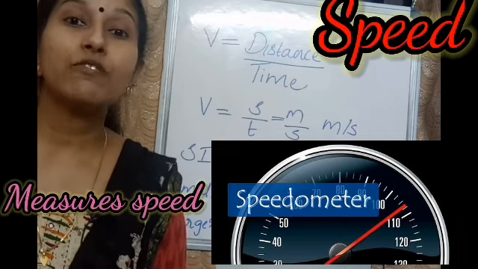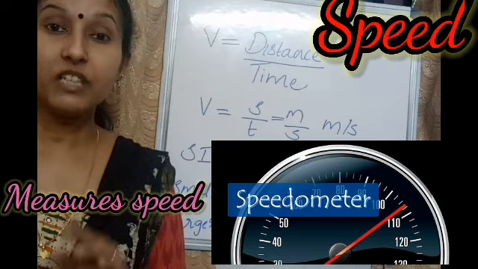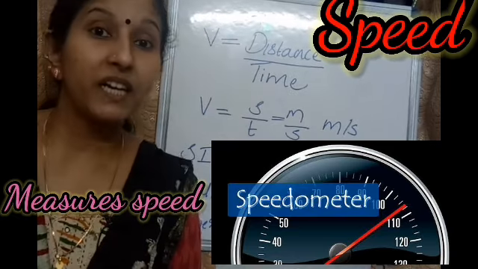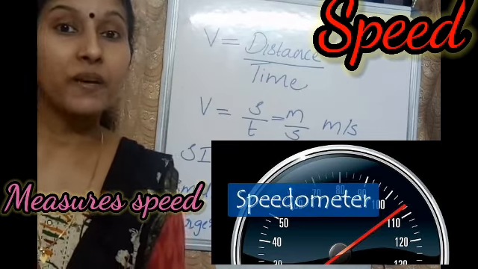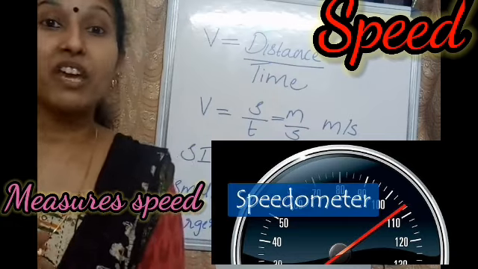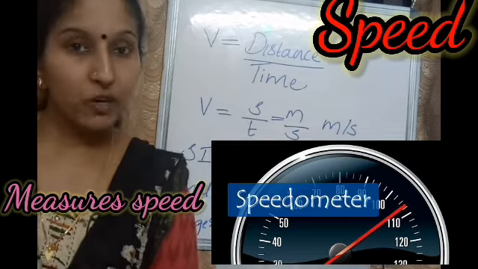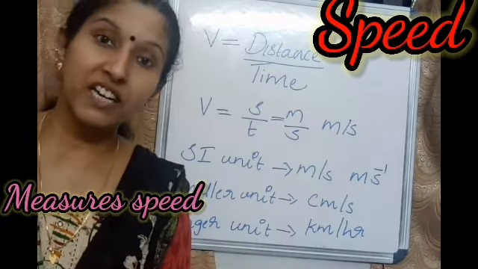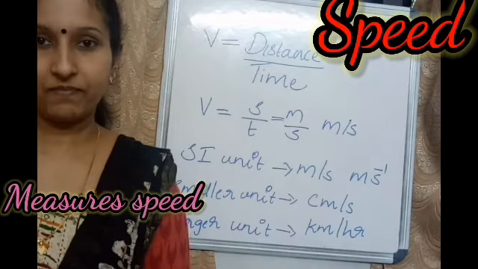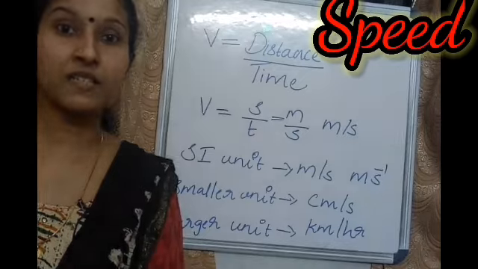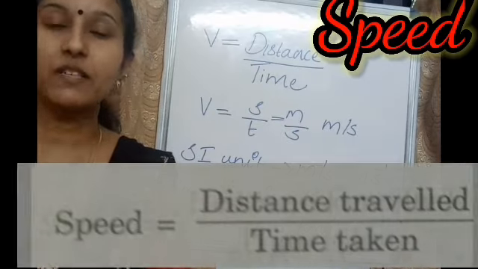Speedometer gives speed. So a vehicle should contain speedometer and odometer because speedometer gives speed and odometer gives distance.